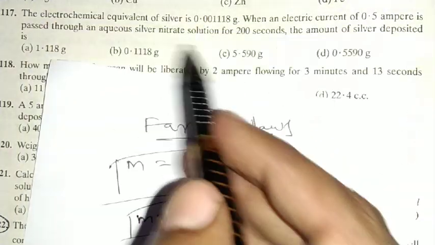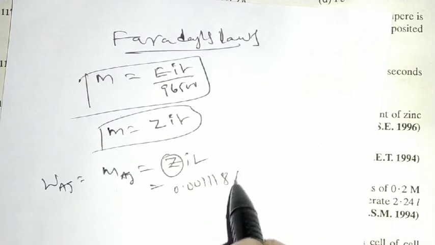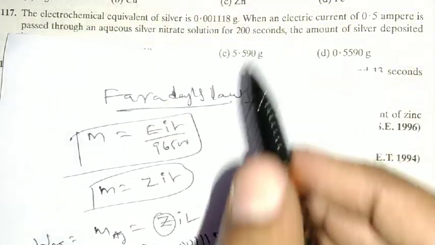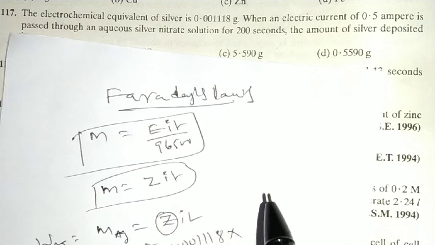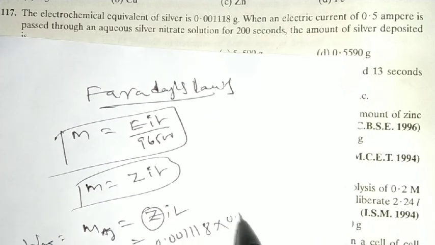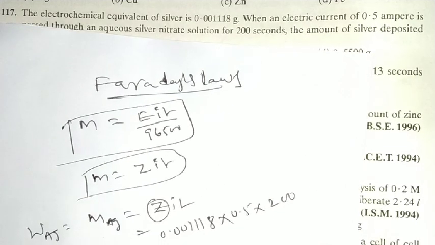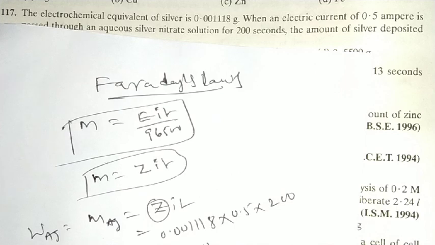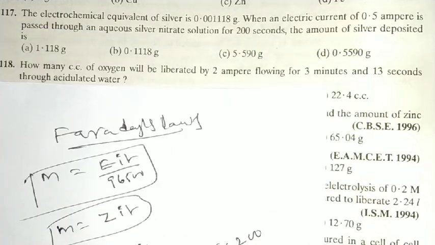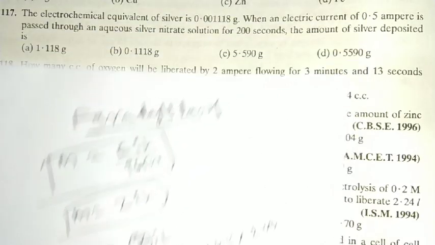Z is 0.001118, current must be taken in amperes and time in seconds. Current is given as 0.5 amperes and time is directly given in seconds. So if you simplify, you'll get 0.1118 grams. So it is direct substitution, direct answer. Very simple method. Is it clear?